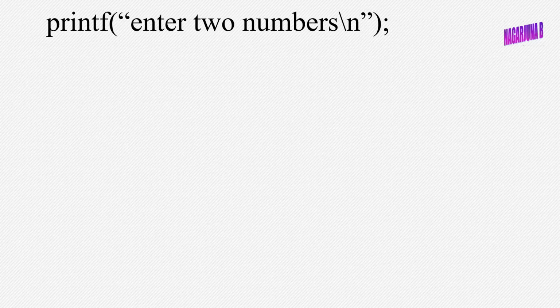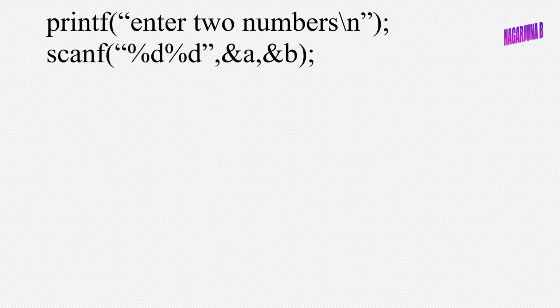For that purpose, we need to write scanf within the brackets, double quotes %d %d double quotes close, comma &a, comma &b, because I have declared the variables as a and b. And I have declared them of type int. For that purpose, I have written %d.